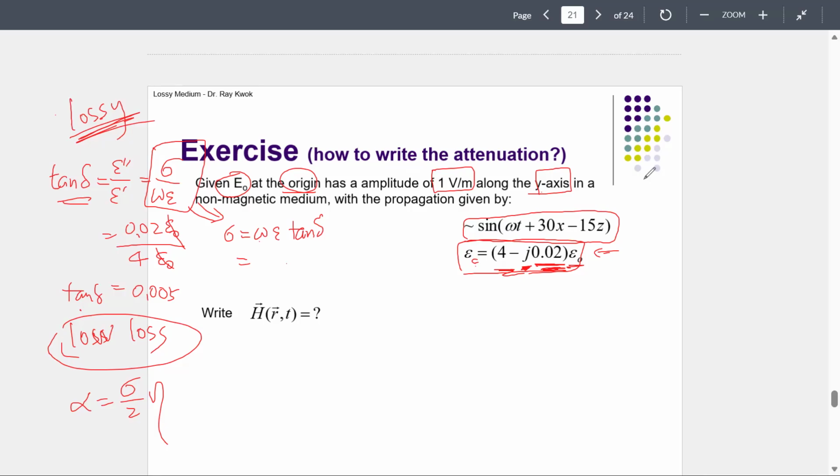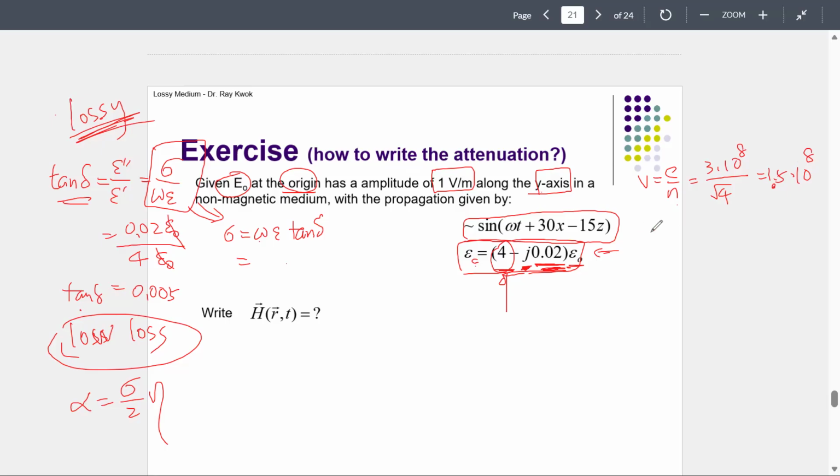All right, let's try it. What is this velocity? c over n, right? What is n? Square root of epsilon, the square root of the dielectric constant. So this is 1.5 times 10 to the 8. Right, that's my velocity.